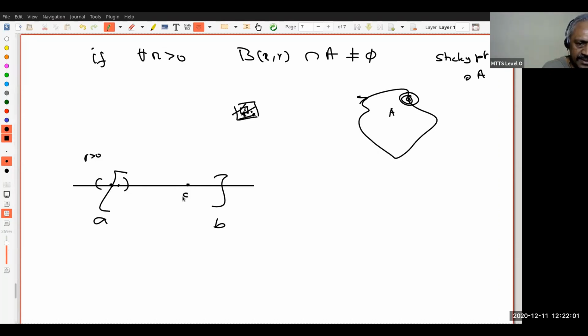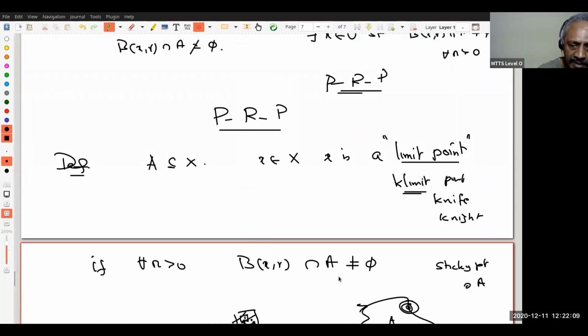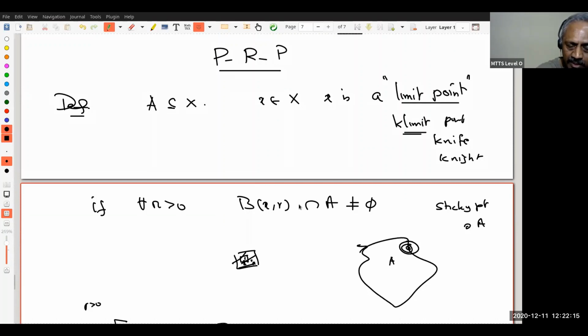And take any point C, it will have that too. But notice that I am not saying it must have a point of A other than x. If you learn the limit point definition elsewhere, you may get confused. I am not insisting. The point which is common may be x itself.